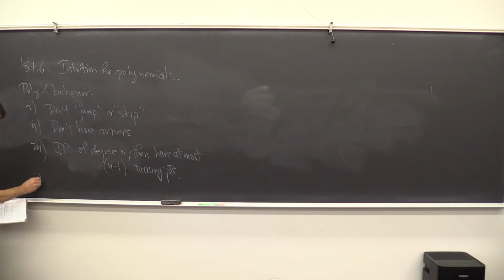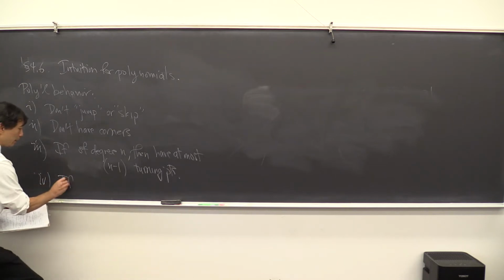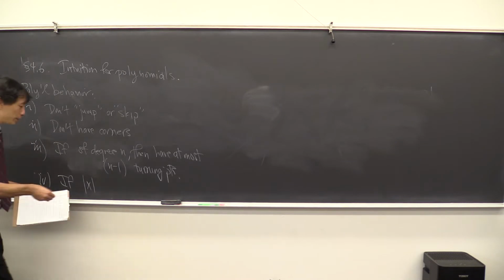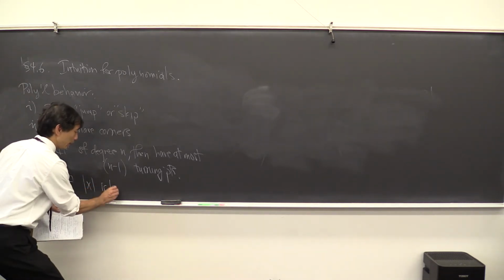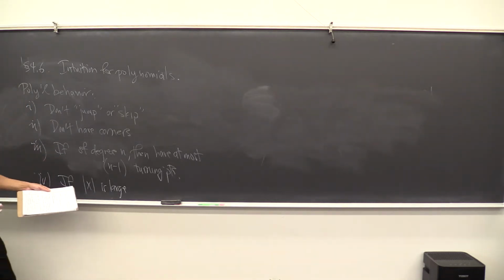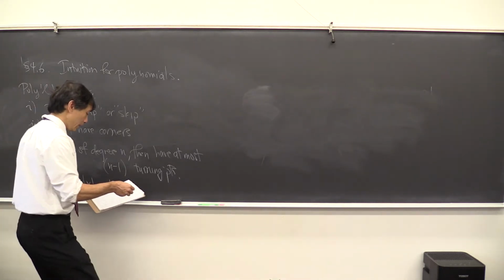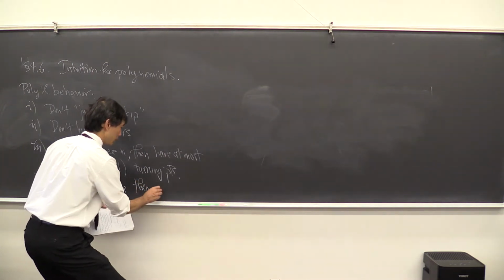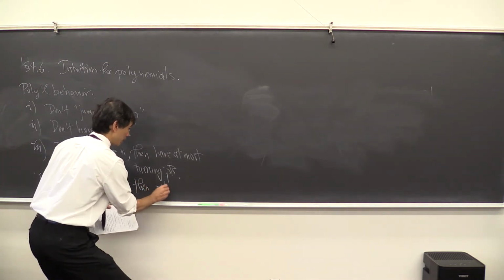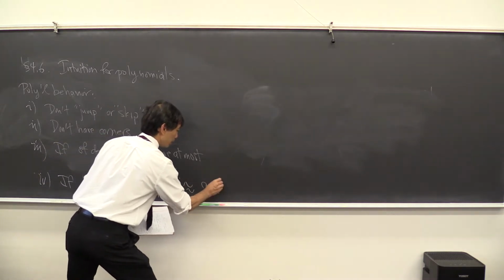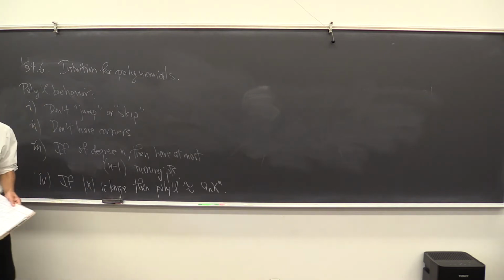And the last one was, if we're looking at them when x is large, if x is a very big number, positive or negative, then the polynomial looks basically like its first term.